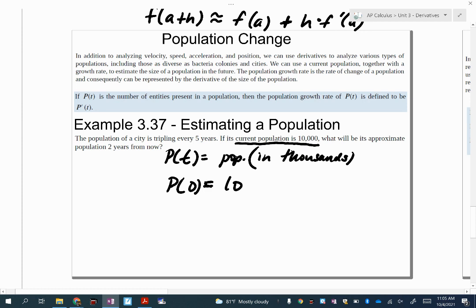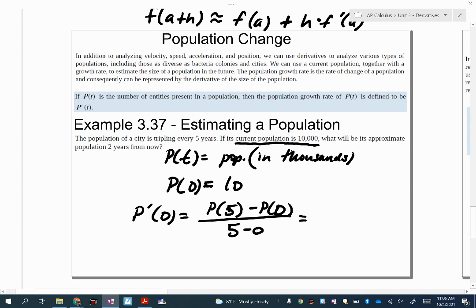So we're going to estimate the rate of change by finding P prime at 0, the rate of change at time 0. It's tripling every 5 years, so P of 5 minus P of 0 over 5 minus 0.